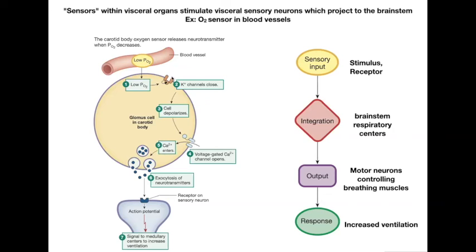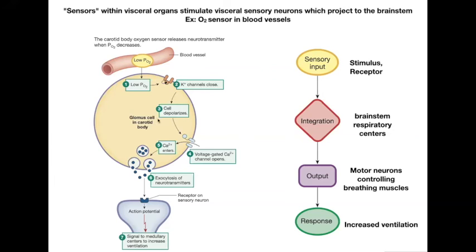Within your body, right, and this is just an example, oxygen sensors in your blood vessels. You have some kind of sensors in there for when there is low oxygen pressure. This is going to cause these potassium channels to close, sorry.